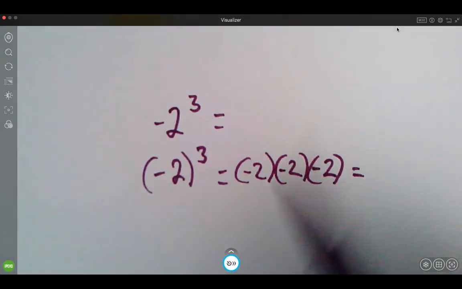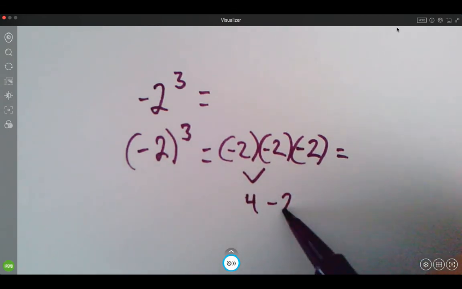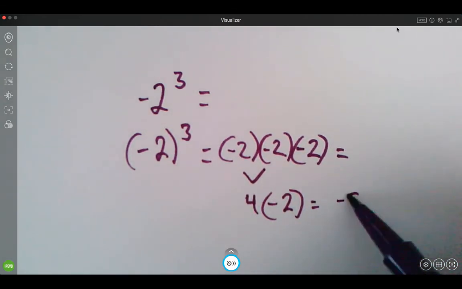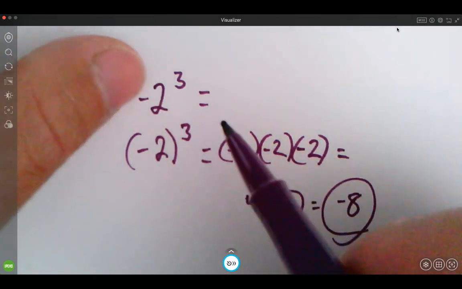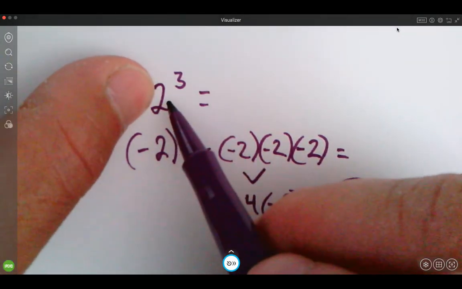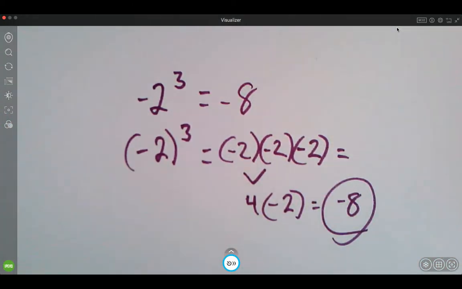What is that? Well, let's think about it. It's a negative times a negative, which is a positive 4, times a negative 2 is back to a negative 8. So the answer is negative 8. Same thing here, though. If you do 2 times 2 times 2, you get 8. And if you add the negative back, you get negative 8. So it's really the same thing.